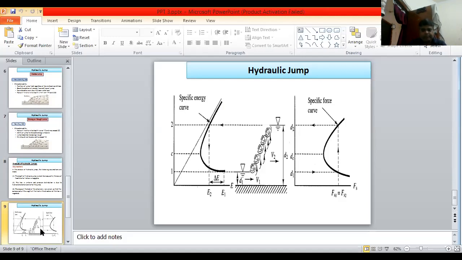Now, the specific force curve. Similarly, the origin of the curve, the corresponding depth is Dc, and below is the depth D1 and above is the depth D2.